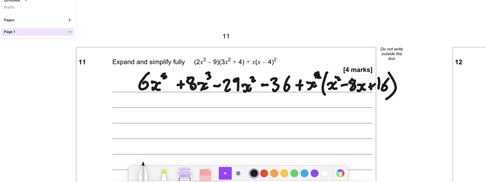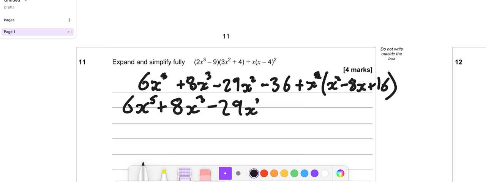So we've got 6x to the 5 plus 8x cubed minus 29x squared minus 36 plus x cubed minus 8x squared plus 16x.